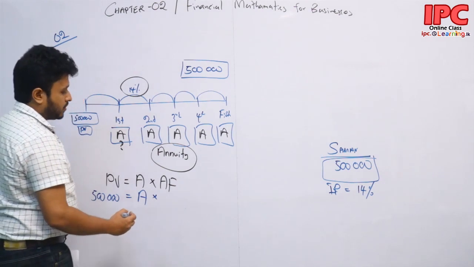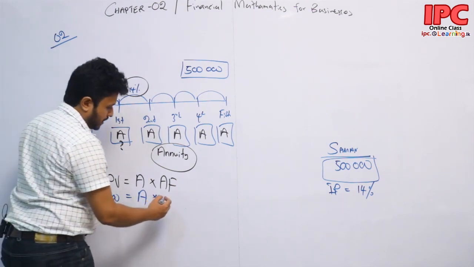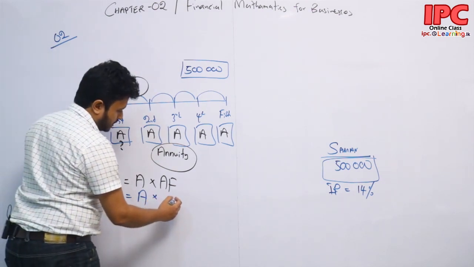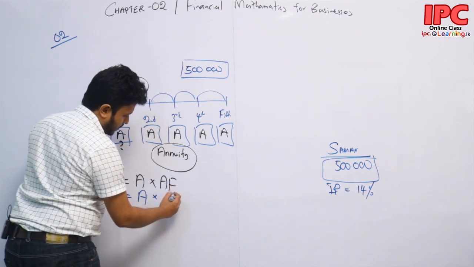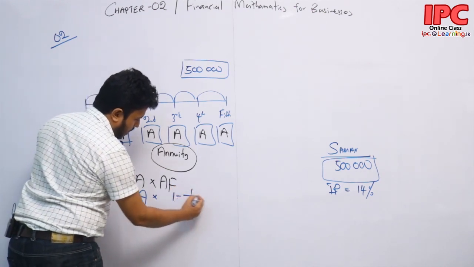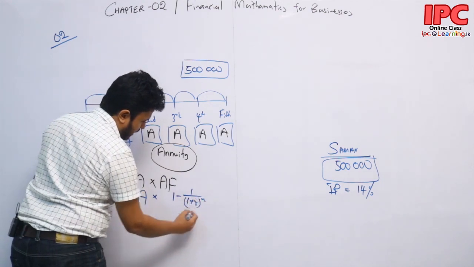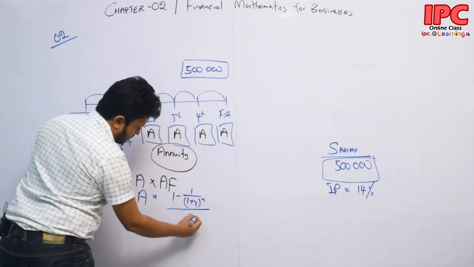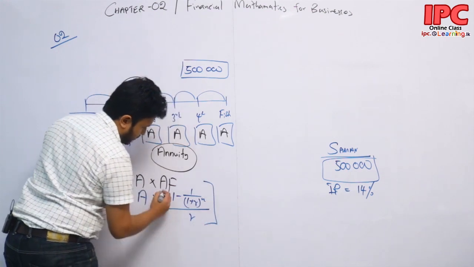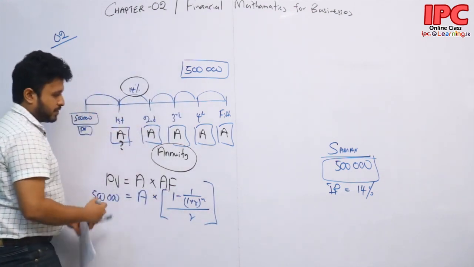What is the equation for the annuity factor? Annuity factor equals 1 minus 1 divided by 1 plus r to the power n, all divided by r.